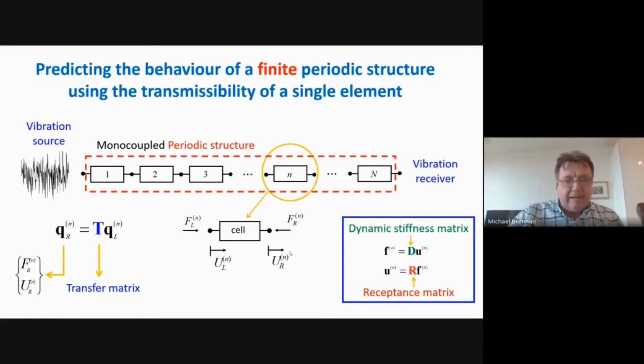Now you can describe the dynamics of this cell in a different way if you wish. You can characterize it in terms of a dynamic stiffness matrix, or you can characterize it in terms of a receptance matrix. But the transfer matrix is actually really convenient to use in this case.